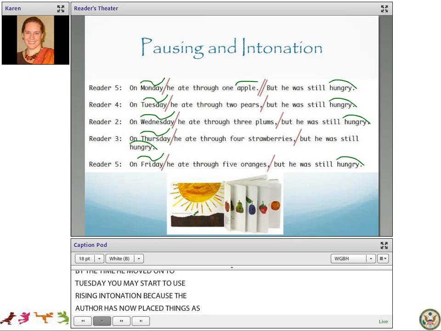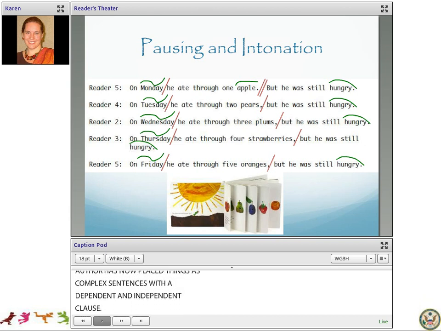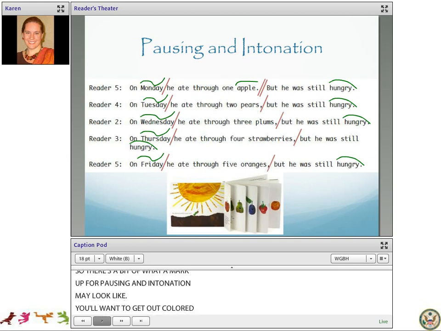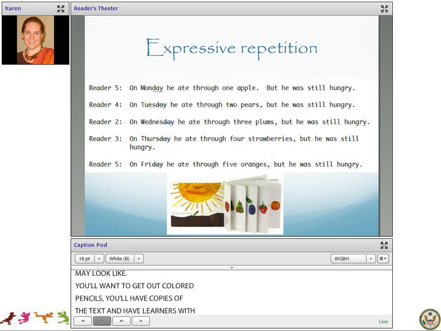On Tuesday, he ate through 2 pears, but he was still hungry. On Wednesday, he ate through 3 plums, but he was still hungry, and so forth. So there's a bit of what a markup for pausing and intonation might look like. You'll want to get out colored pencils, you'll have copies of the text, and have learners work with you to mark up their text so that they can deliver that intonation and that pausing.